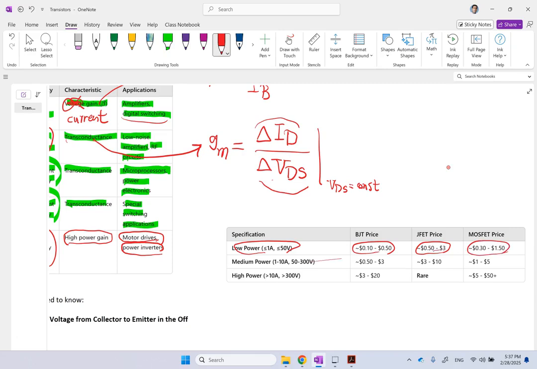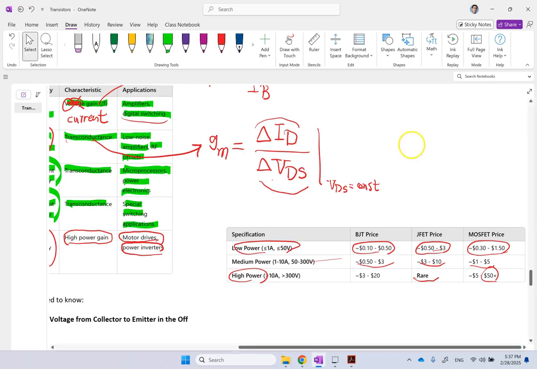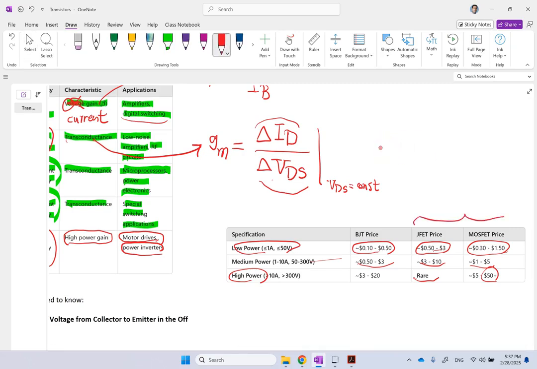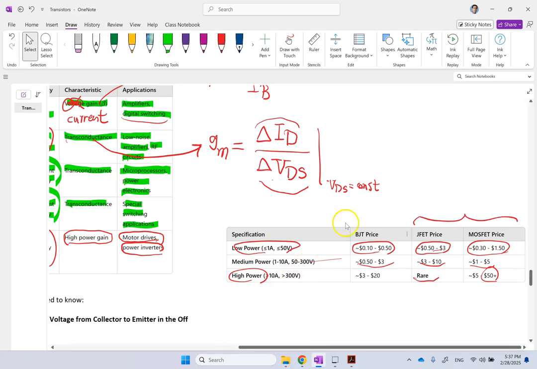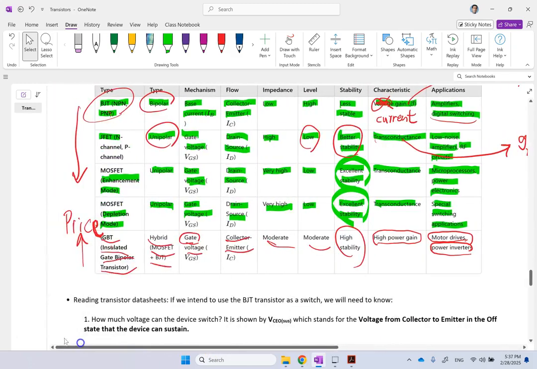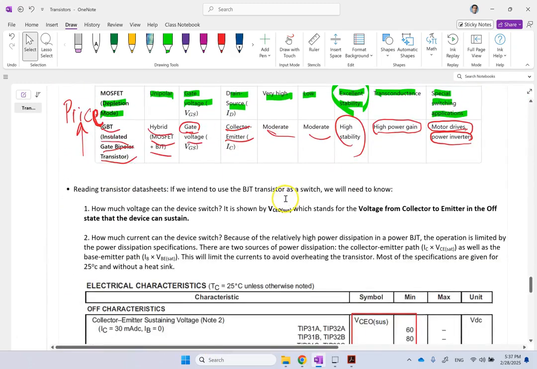Now you go to medium power again, and you see that JFET is still good. The thing is, when you want to go high power, you don't use a ton of JFETs, and you can use MOSFETs that can go up to $50. So in general, the FETs are a lot more expensive compared to BJTs. And it depends on how much power you want to get and how much money you have.